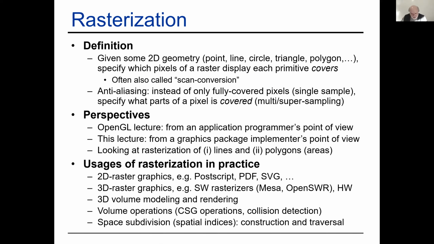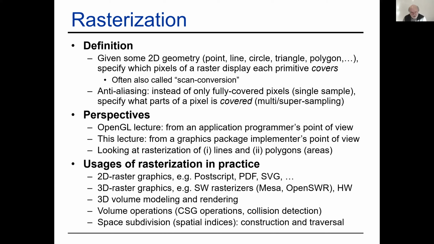Now, rasterization has also different meanings. I forgot to mention the second part here. So anti-aliasing: in the following, we will only consider pixels that are either fully covered or not. So we only think about doing a single sample, which we typically do in the center of the pixel. Now, if you want to do anti-aliasing, what you typically do is actually have multiple samples within a pixel, which then is called supersampling or multisampling.